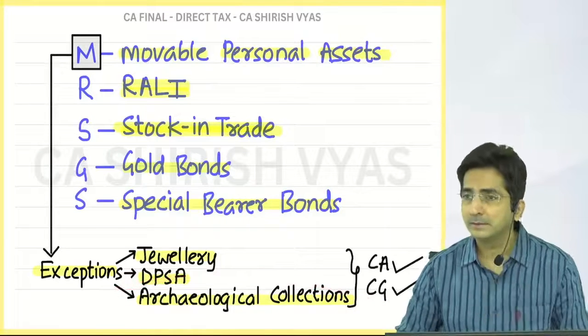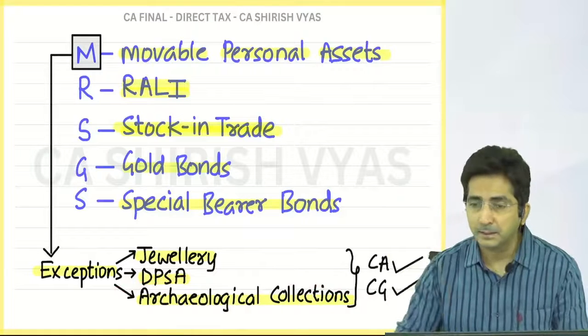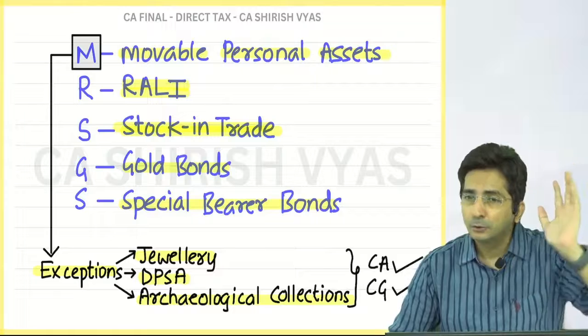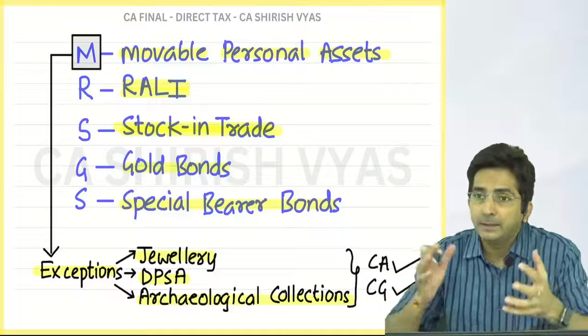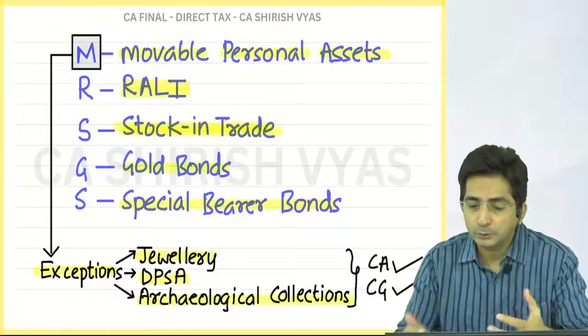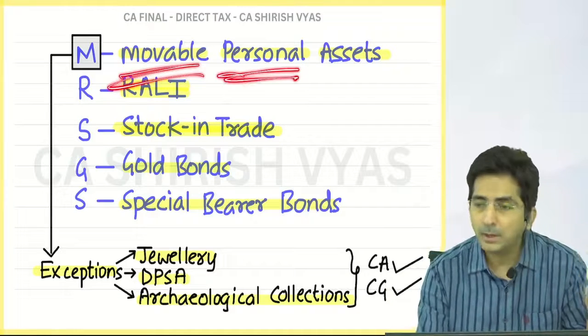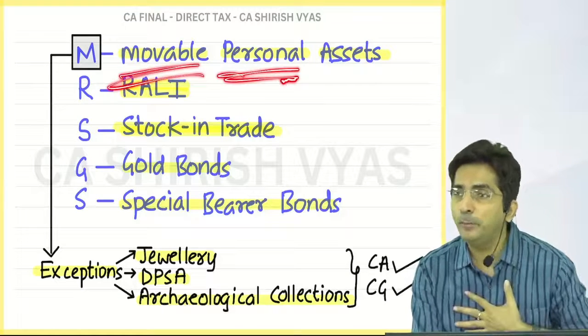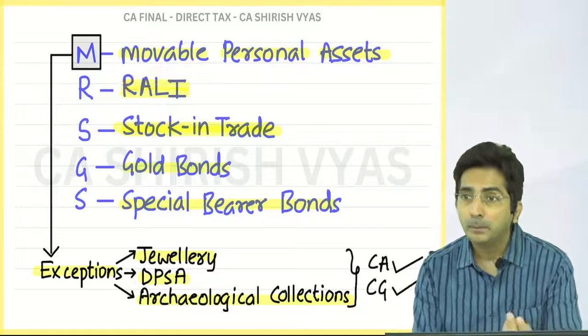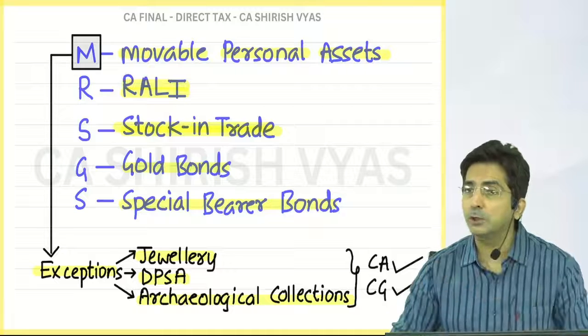Similarly, archaeological collections. What is archaeological? Antique pieces, meaning items of very ancient times. Many people have the hobby of collecting antique pieces. That hobby is actually a movable personal item. Anything that is your hobby is a personal thing, plus antiques are also movable, but they have potential to earn.